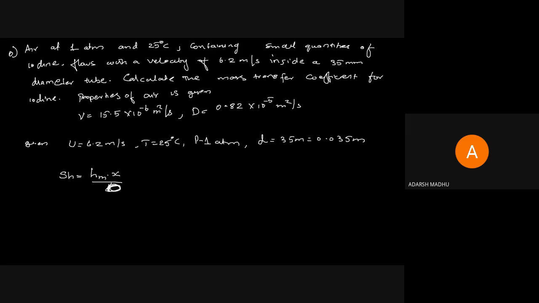What is x? Here is the question: air at 1 atmosphere pressure and 25 degrees Celsius, containing a small quantity of iodine, flows with a velocity of 6.2 meter per second inside a 35 mm diameter tube. So calculate the mass transfer coefficient for the iodine.